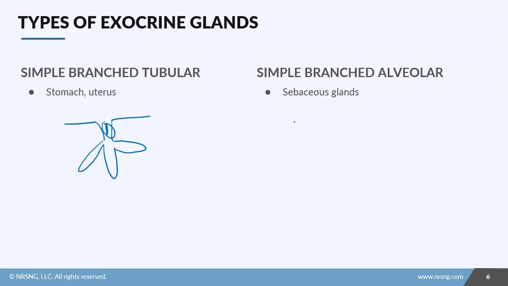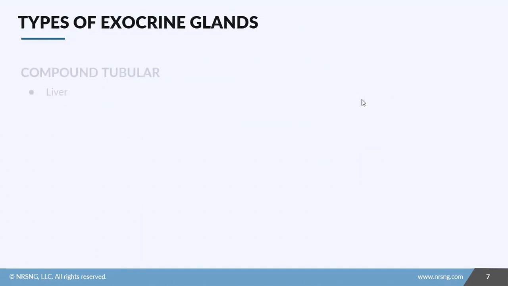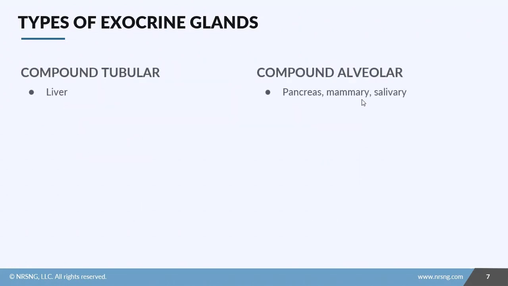Simple branched alveolar is the same, except that the secretory portions are sac-like. So you might have one here, and one here. Branches, but still only one duct. Simple branched tubular is found in the stomach and the uterus, and simple branched alveolar are also some of our sebaceous glands.